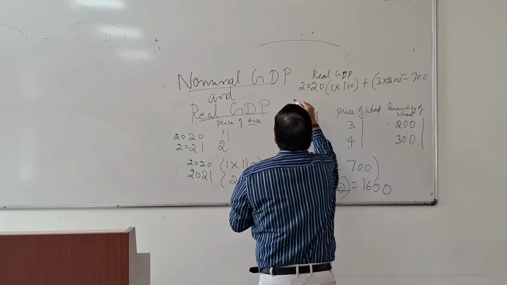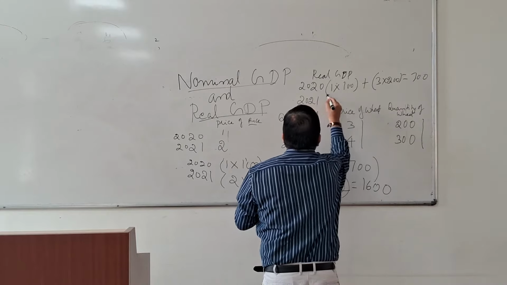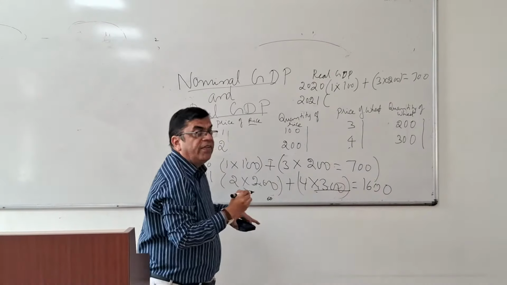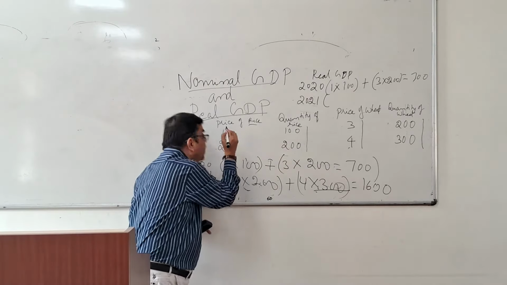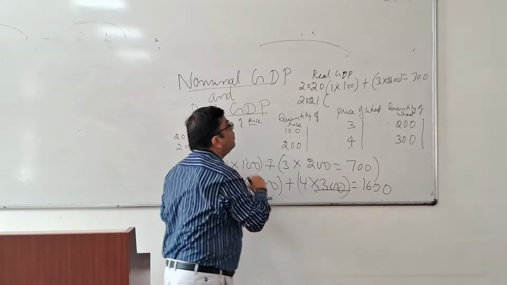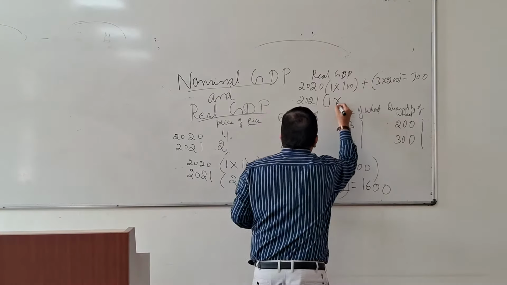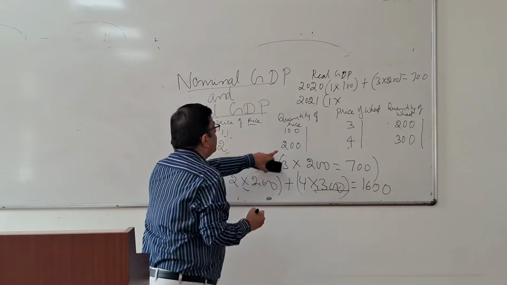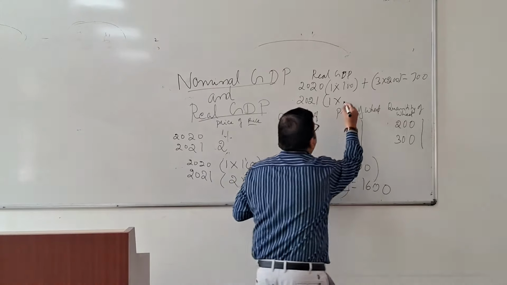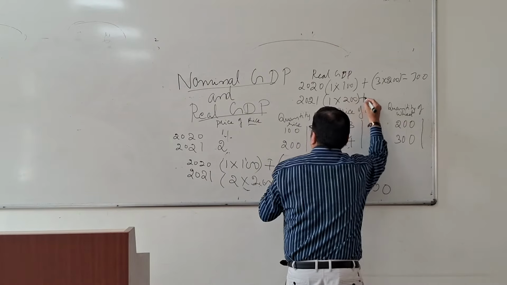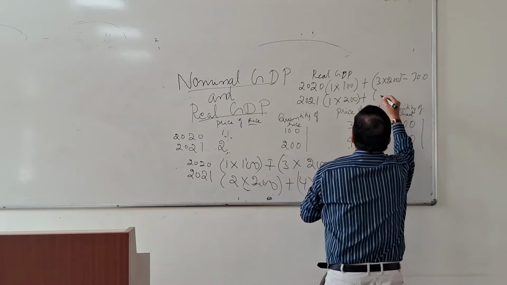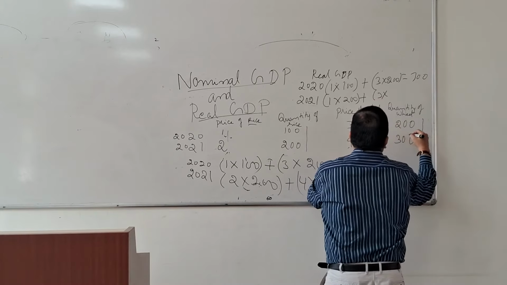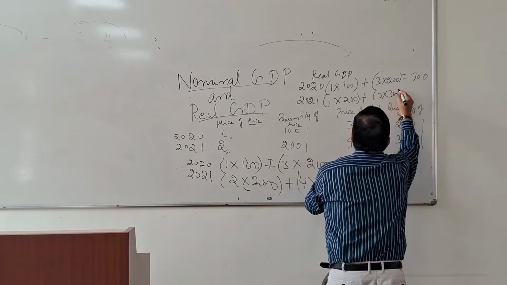But now in 2021, you are not going to value the quantities at the current year prices, but at the base year price only, that is the year 2020. So again you will say 1 into the quantity produced, which is 200, plus 3 into the quantity produced, which is 300.